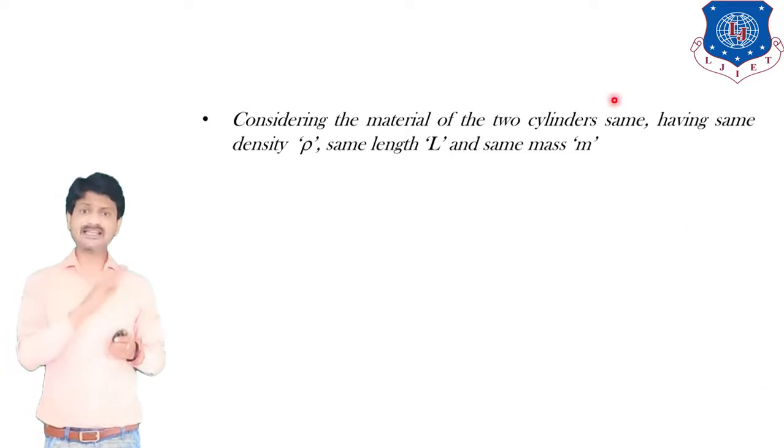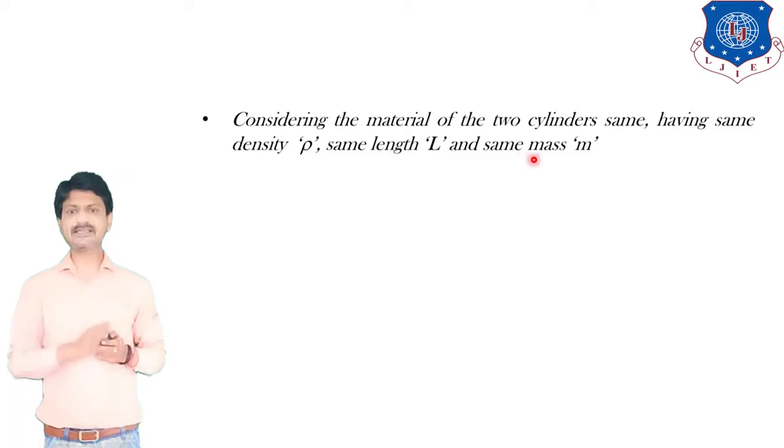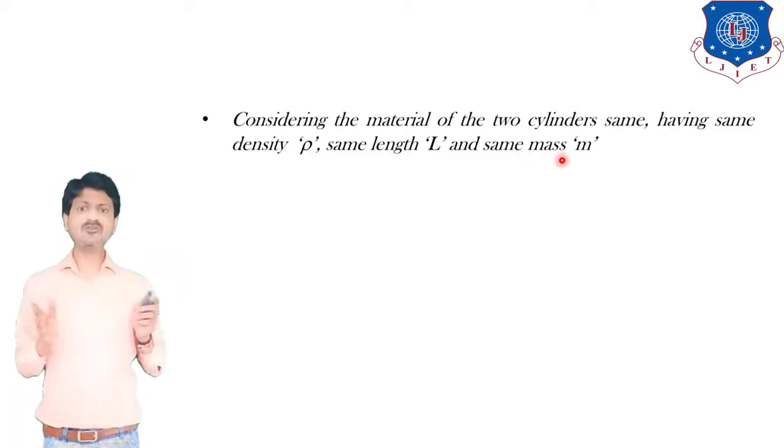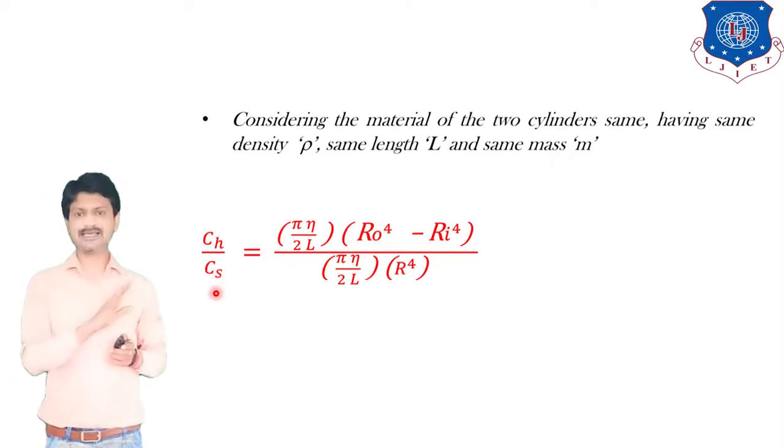Now, considering the material of two cylinders having the same density, same length and same mass, we will take the ratio of CH and CS.